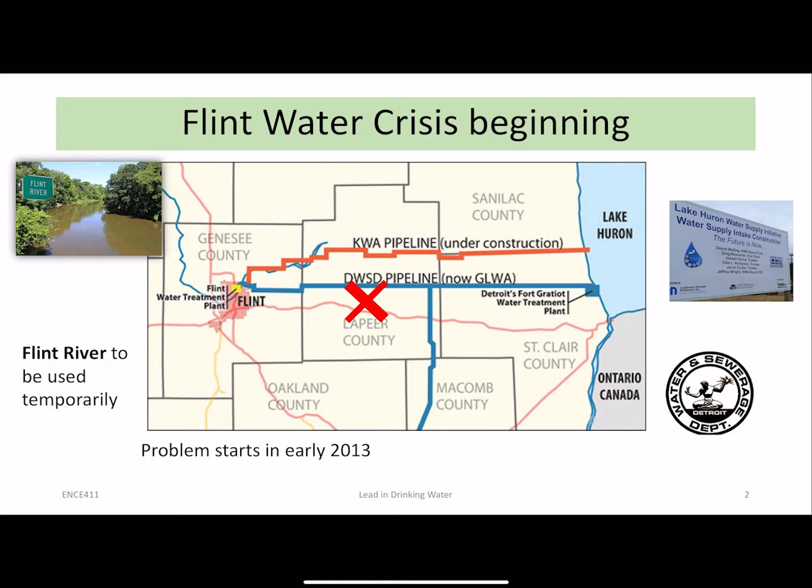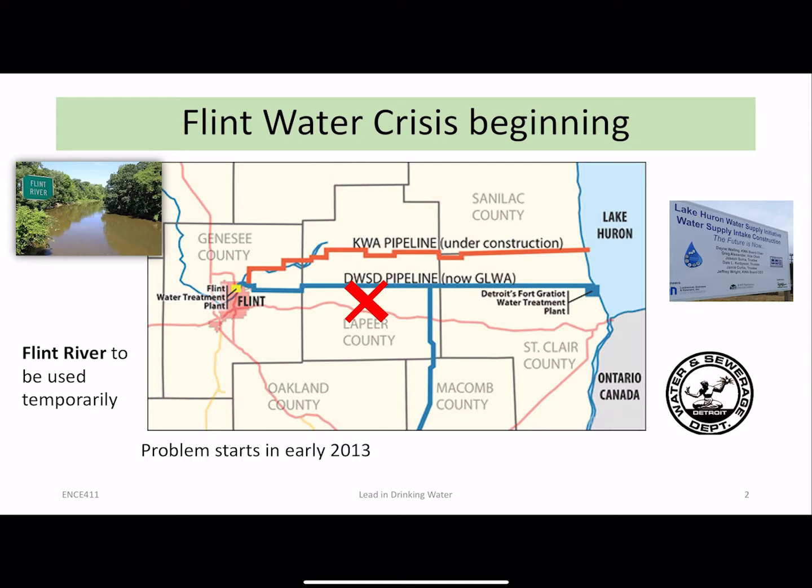So as you said, this problem started in 2013 when the Flint city was buying the water from Detroit, and Detroit was treating the water very well. They had good quality, with all the treatments recommended by the EPA and everything. But they wanted to save money, so they decided to change, and they wanted to buy water from another authority, which has a difficult name for me, Karegnondi, something like that.